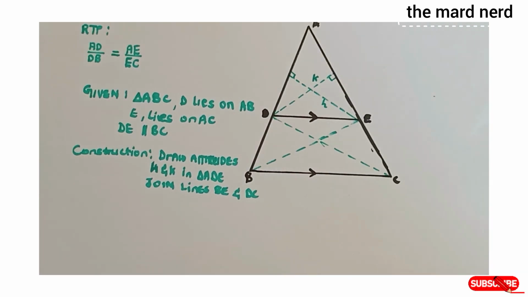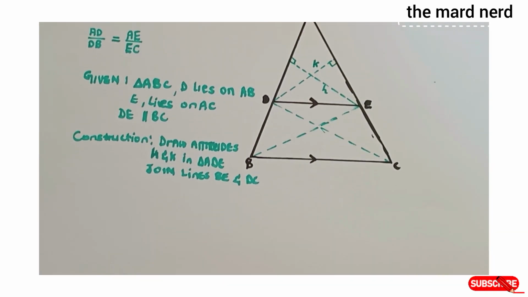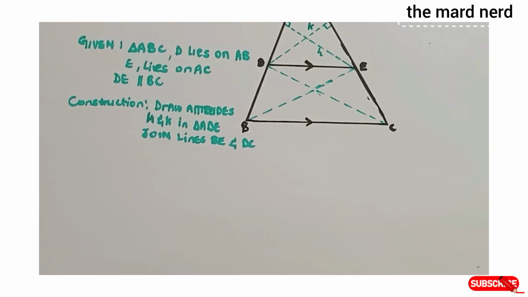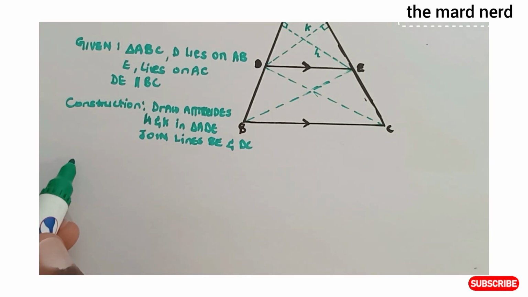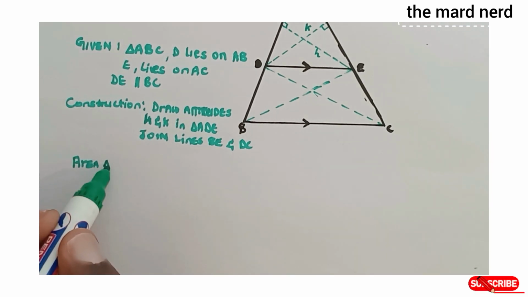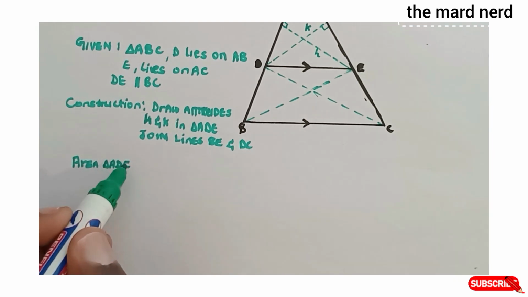Okay, now since we have the altitude and the bases, we can find the area of each of the triangles that are found in triangle ABC. So for the areas, we can say here now area of triangle ADE.